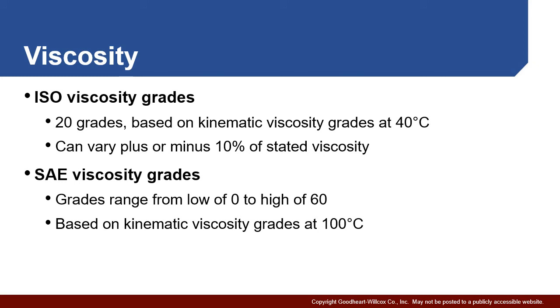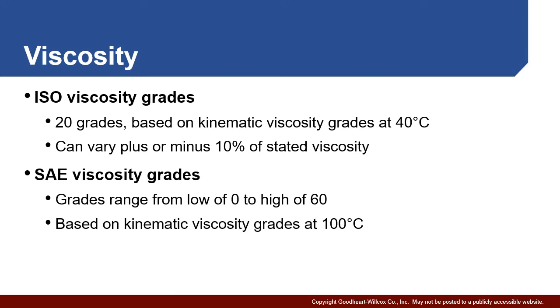ISO has 20 grades, and they base their grade on the viscosity at 40 degrees C. Keep in mind that's a limited number of grades, and as a result there can be some significant variability, but that 40-degree temperature is relatively close to what our operating temperature is going to be for our hydraulic system, so there's somewhat of a good matchup there.